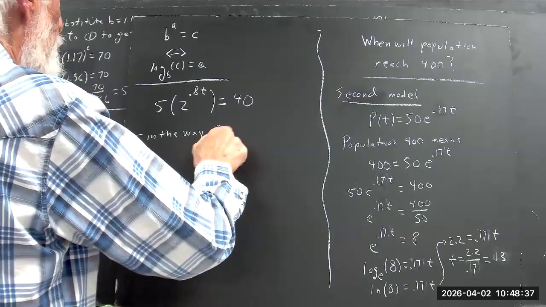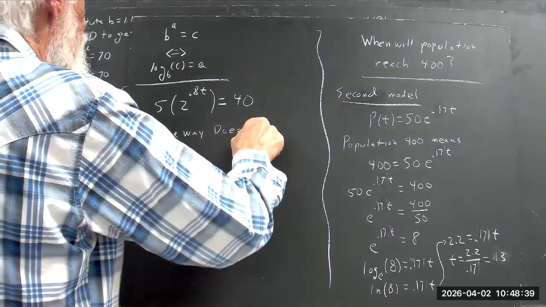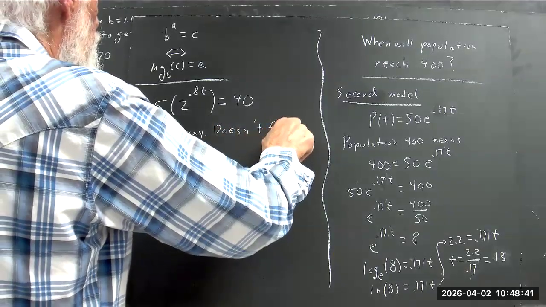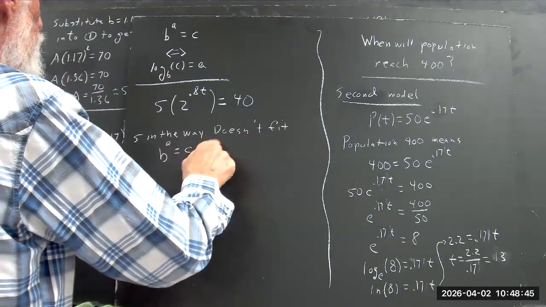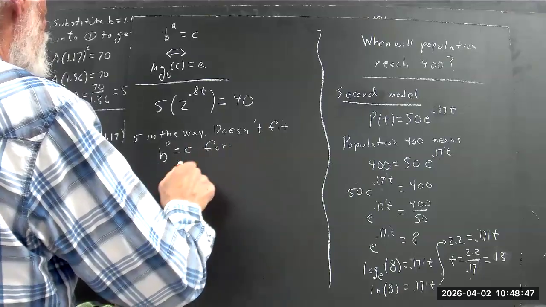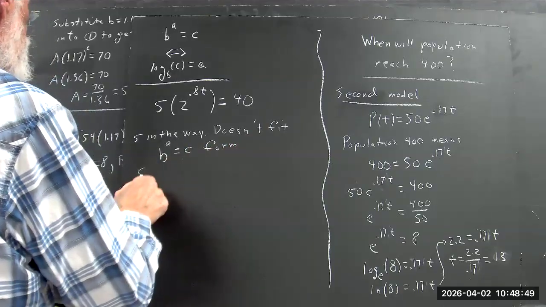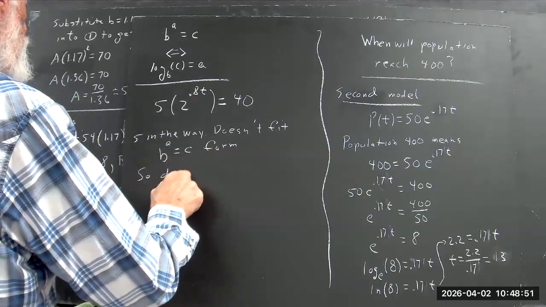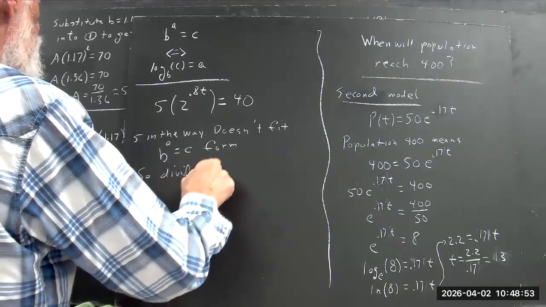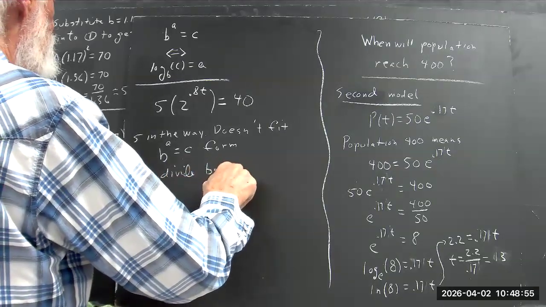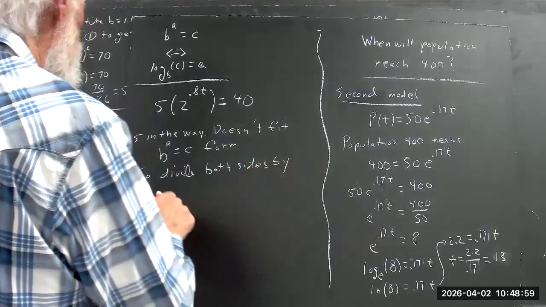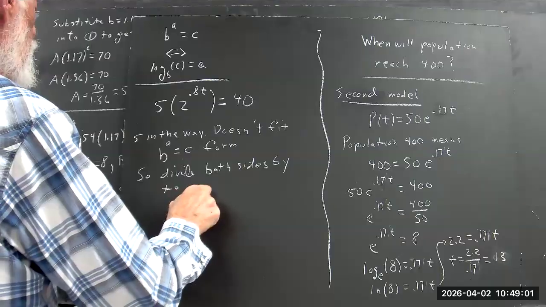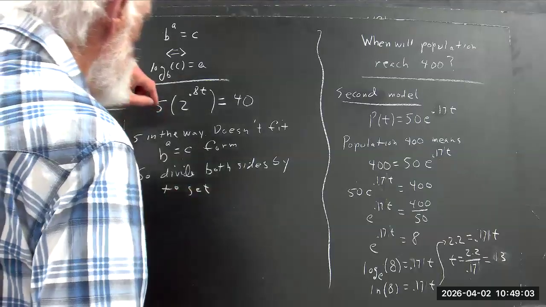The 5 is in the way. This doesn't fit the b to the a equals c form. Divide both sides by 5.